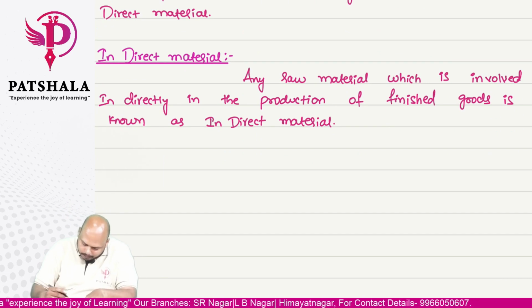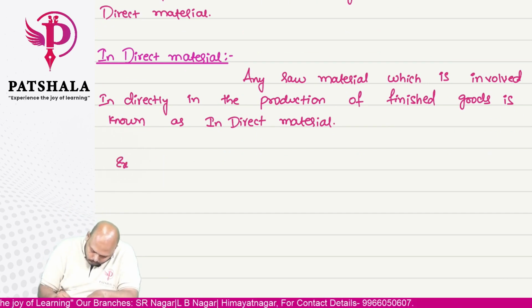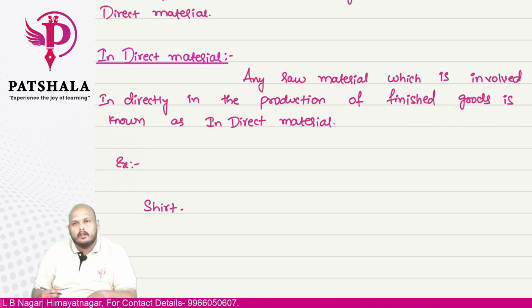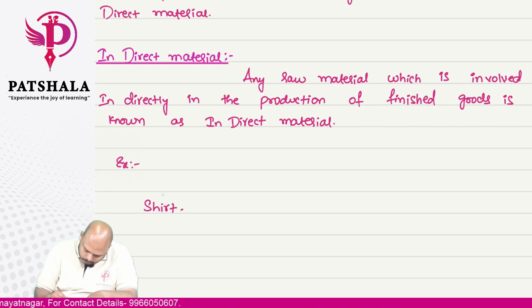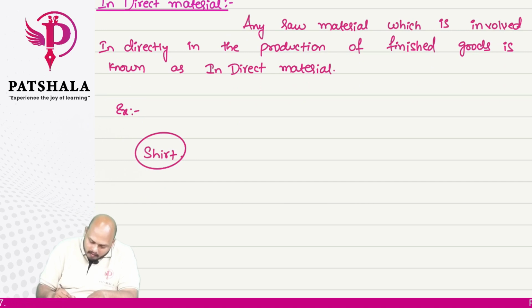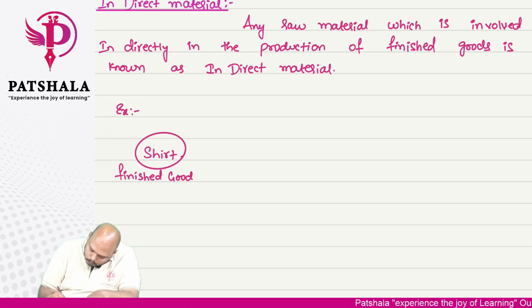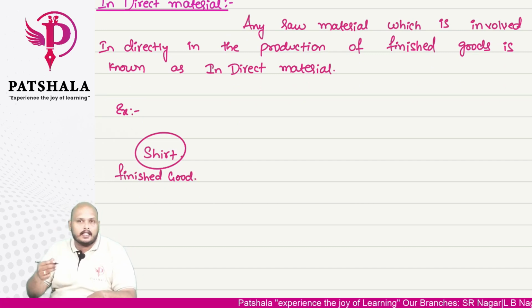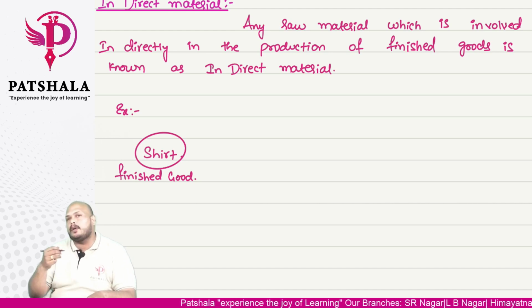For example, let us take a shirt. You know shirt, right? This shirt is nothing but which good? Finished good, everyone knows. But in order to manufacture this shirt, we require a couple of raw materials.